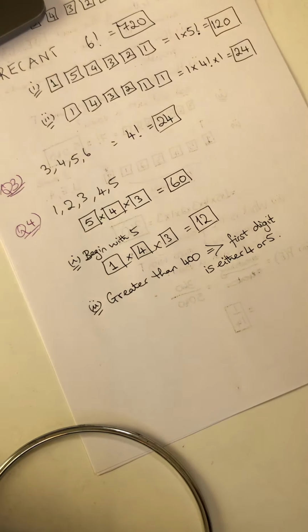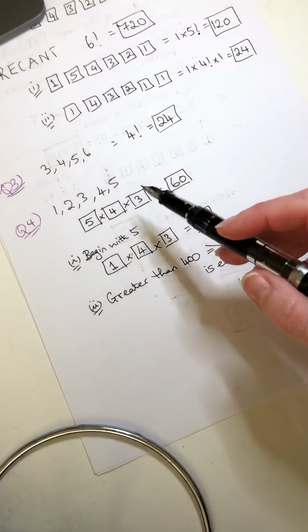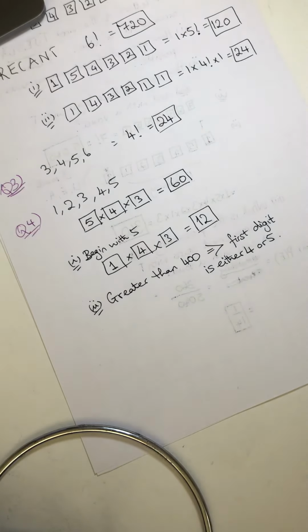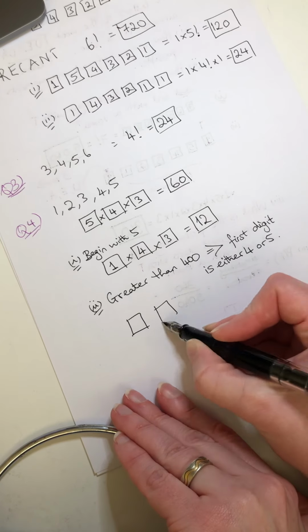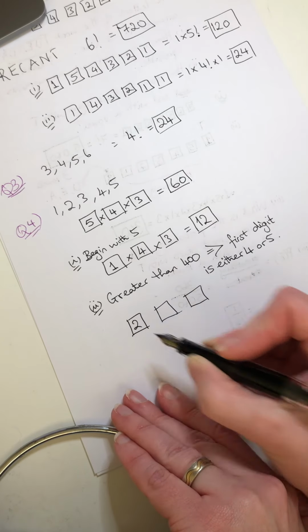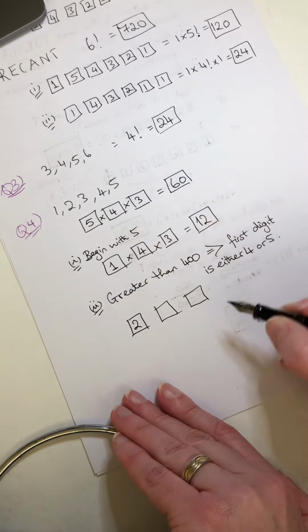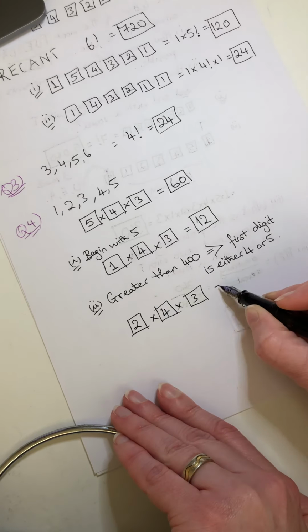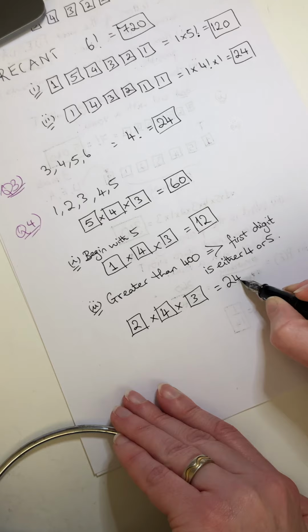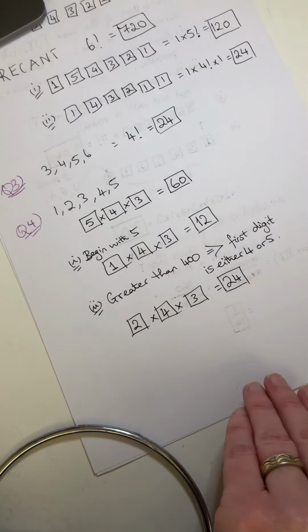So the first digit could be a 4 because, for example, 412 would be greater than 400, or it could be a 5 and that would be greater than 400 as well. So now when I look at my pigeonholes, I actually have 2 choices for the first box. And now I've taken away one of the 5 digits, so I have 4 for the second and 3 for the third. And that means that I have 24 possible outcomes using those 5 digits that would be greater than 400.